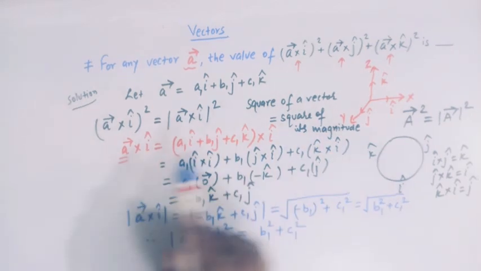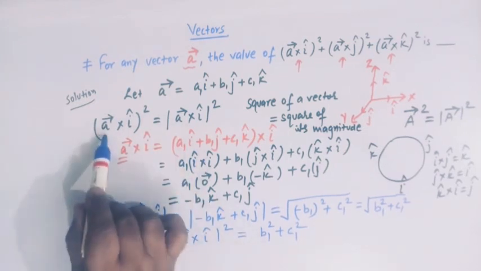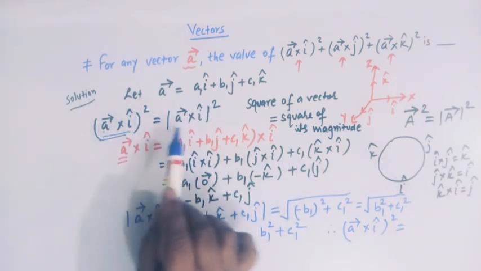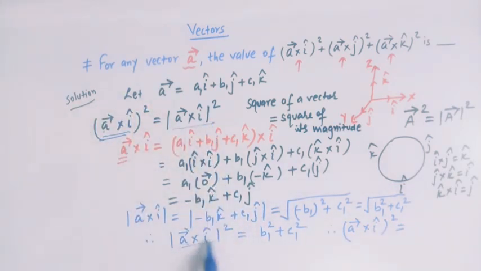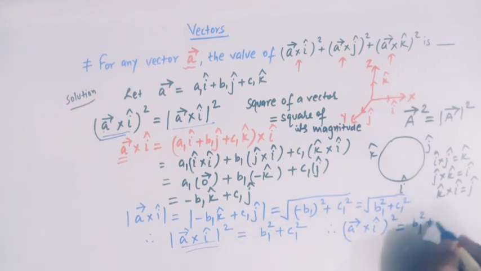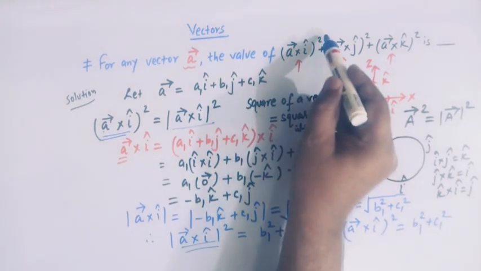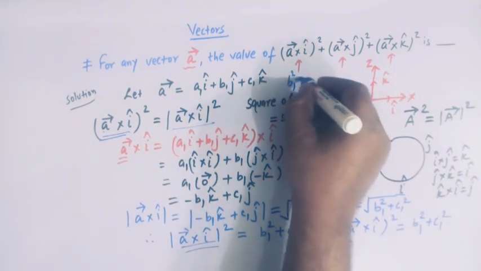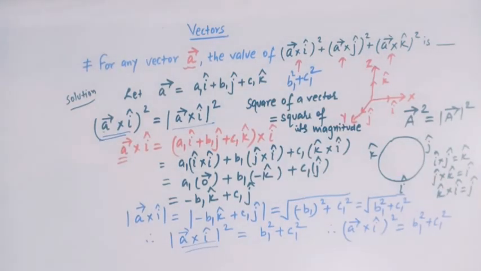So the value of this term is B1 square plus C1 square.